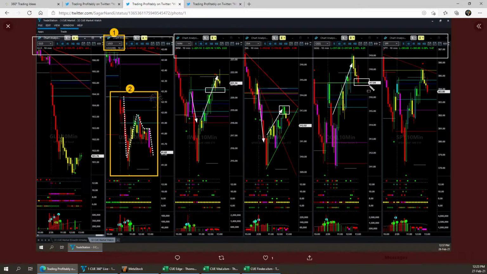Nasdaq recovered above early range high at that point. SPY recovered inside early range. So relatively we could see IWM was the strongest, then Nasdaq, then SPY, then DIA among the market ETFs.